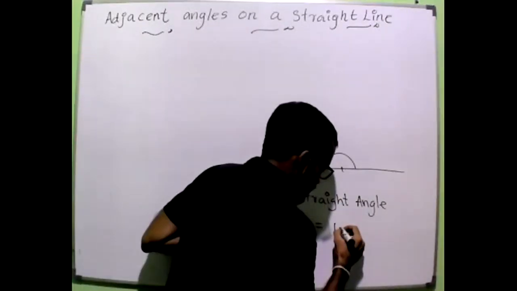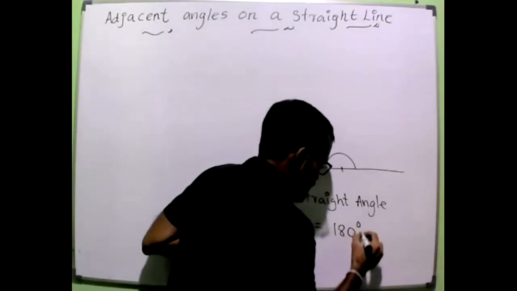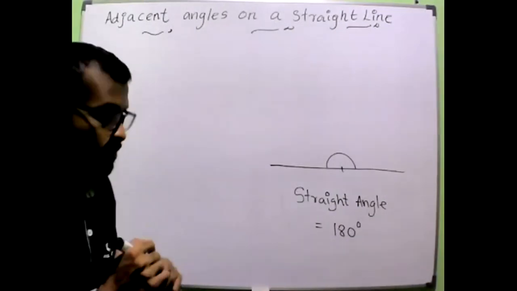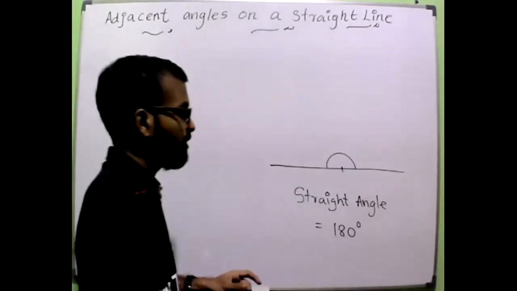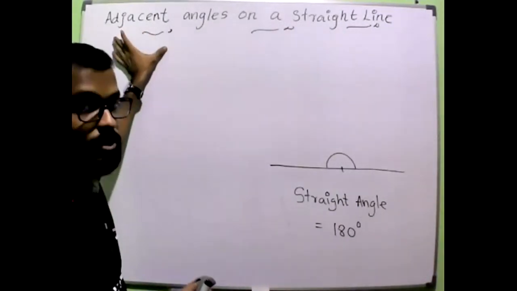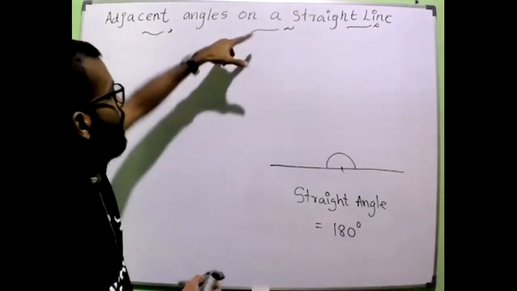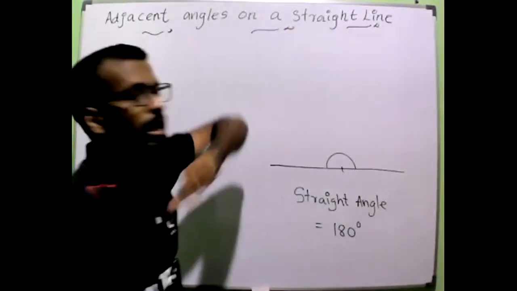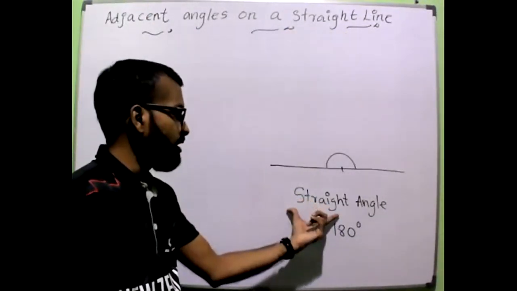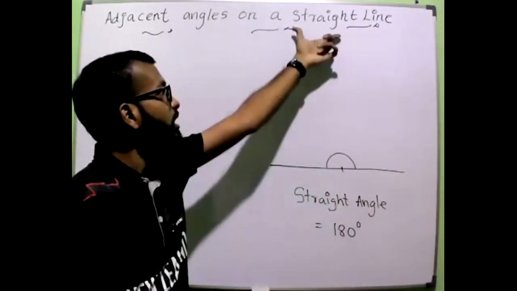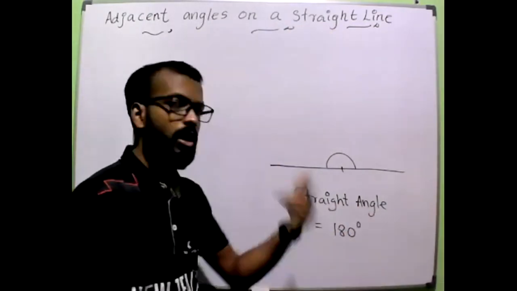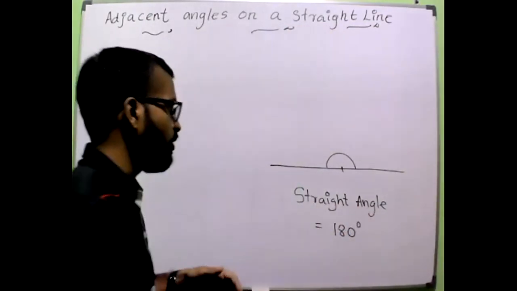Yes, 180 degrees. So keep that in your mind. Now we are going to consider the adjacent angles on a straight line. Straight line, straight angle, 180. Keep that in your mind.